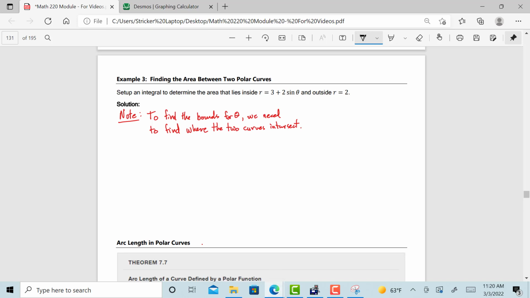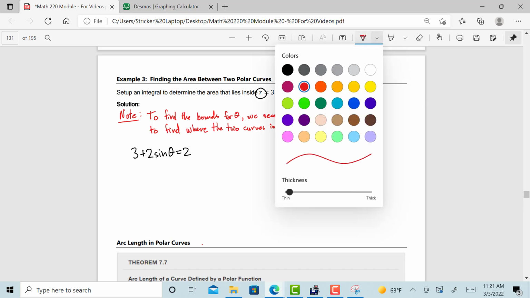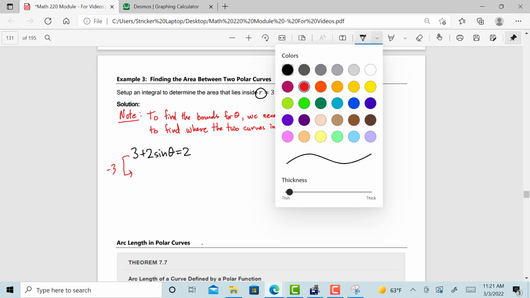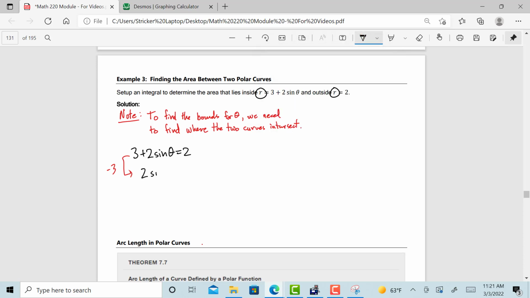That means that 3 plus 2 sine theta must be equal to 2, because they're both equal to r, right? They both equal r, so we can just set them equal to each other. Let's go ahead and subtract 3 over to the other side. Subtract 3, and when we do that, we get 2 sine theta is equal to -1.